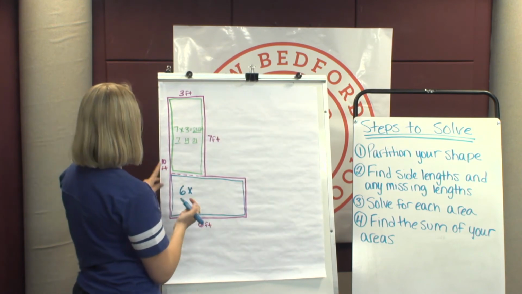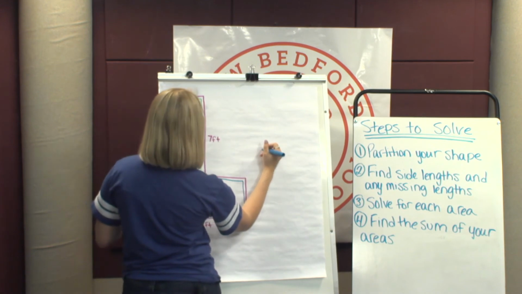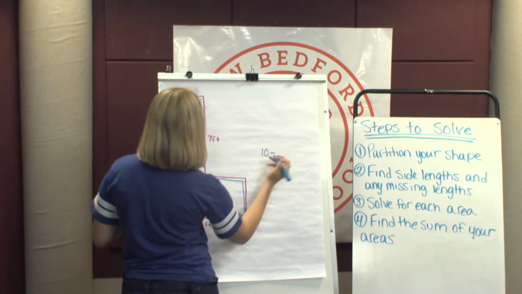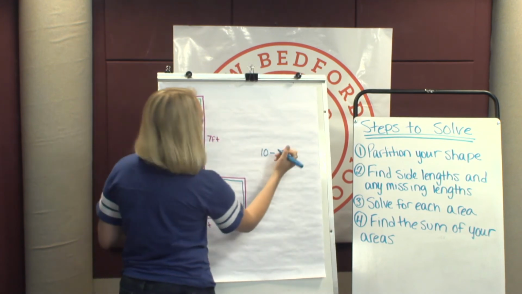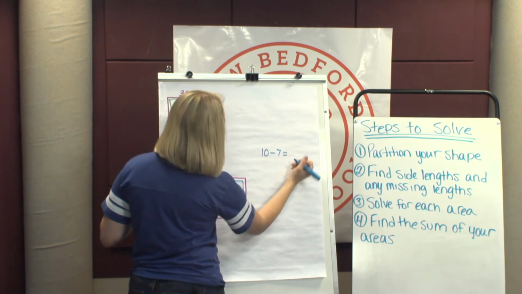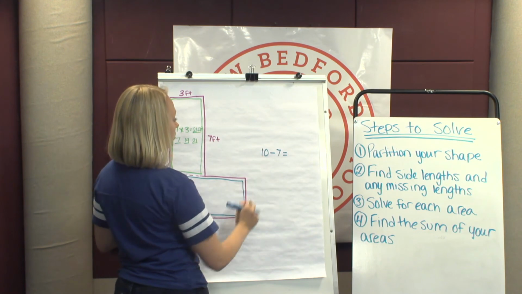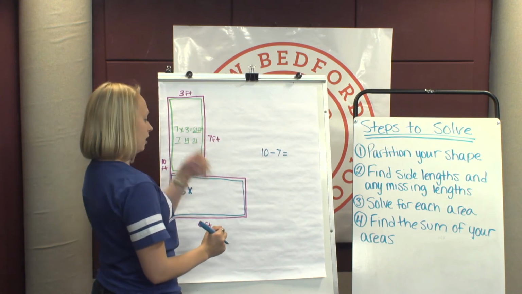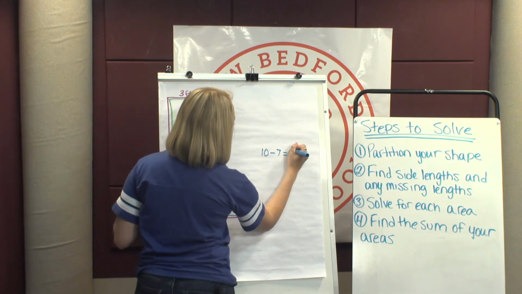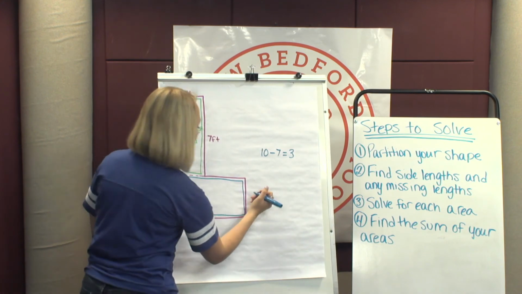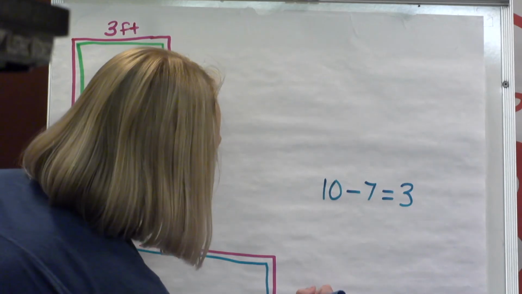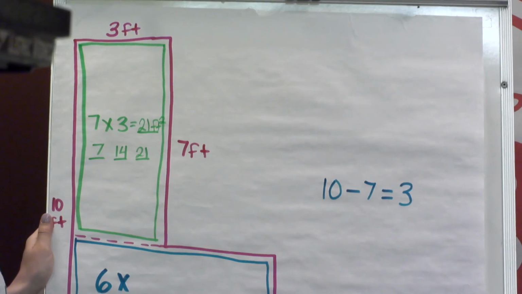So to solve for this, I'm going to take my 10 feet and I'm going to minus my 7 feet. And that's going to tell me what this missing side length is right here. So I'm going to do 10, 9, 8, 7, 6, 5, 4, 3. So I know that this missing side length is 3 feet.